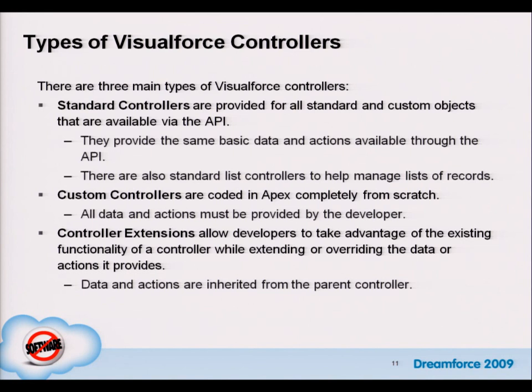I already mentioned that there are different types of controllers. There are the standard controllers, the one that is given for free for you, where you don't need any Apex knowledge, right? But some of you will certainly create some custom controllers. Like if you would like to create a user interface and offer a new search engine, right? You're going to start from scratch. You don't need any information. You have to do all the job. So you may use a custom controller.